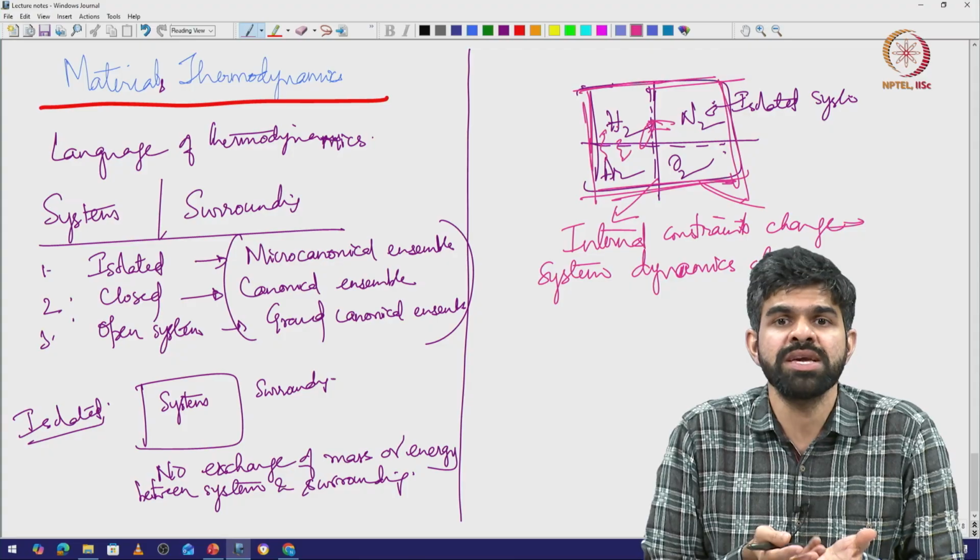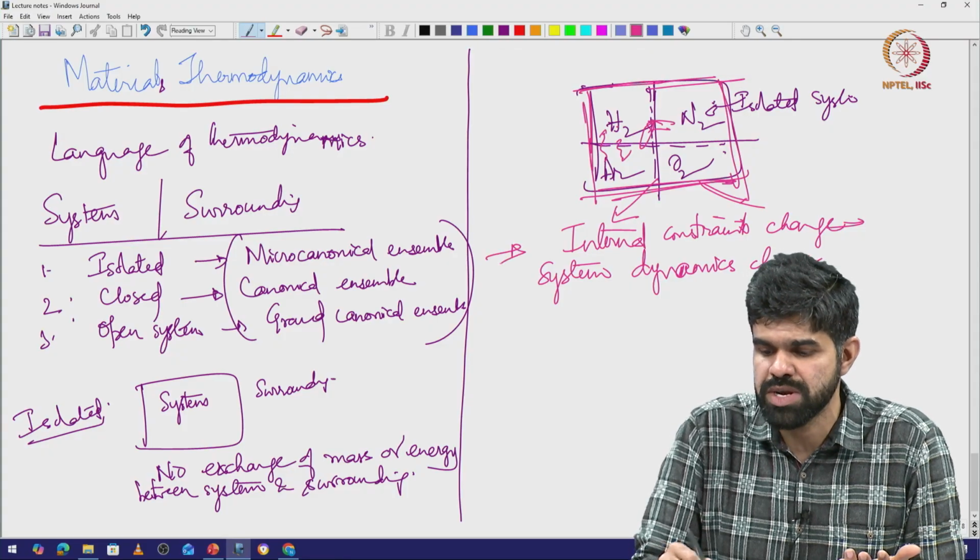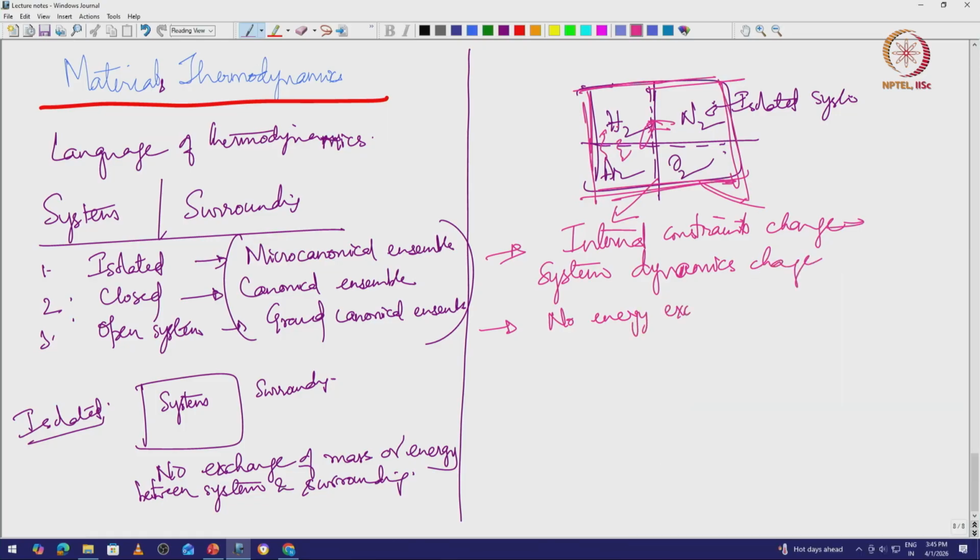So, I am giving nothing to the surrounding, no energy exchange, no mass exchange with the surrounding. Okay, so that is an example. I give this example because very soon I am going to develop this idea of internal constraints, so keep that in mind.